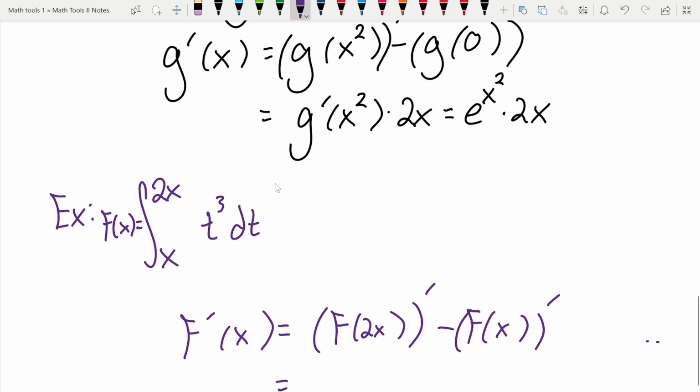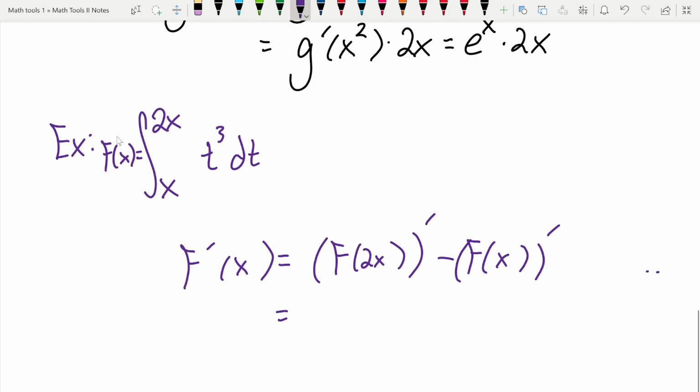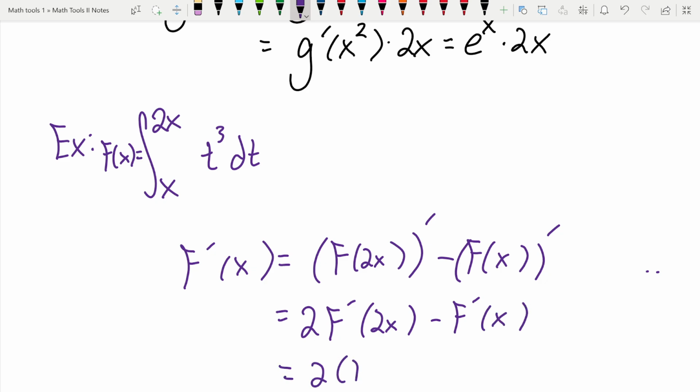But for this first term, it does, because we do have the chain rule in effect here. This is going to be 2 times f prime of 2x, and this is just f prime of x, right? So this is going to be 2 times 2x cubed minus x cubed. So 2x cubed, that's 8 times 2 is 16, x cubed minus x cubed. So this is going to be 15x cubed.